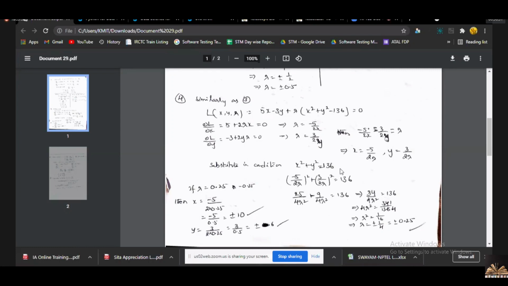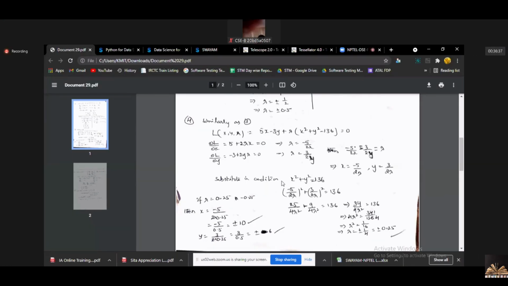Now substitute the x value and y value in the given constraint, that is x square plus y square equal to 136. In x place we substitute minus 5 by 2 lambda whole square, plus in y place we substitute 3 by 2 lambda whole square, equal to 136.